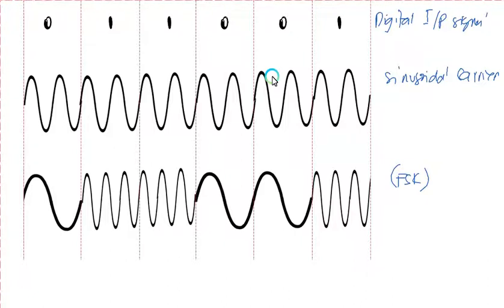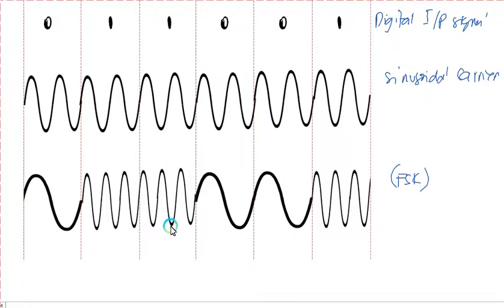So the frequency becomes lower in the representation. And for the transmission of input signal 1, the frequency increases.